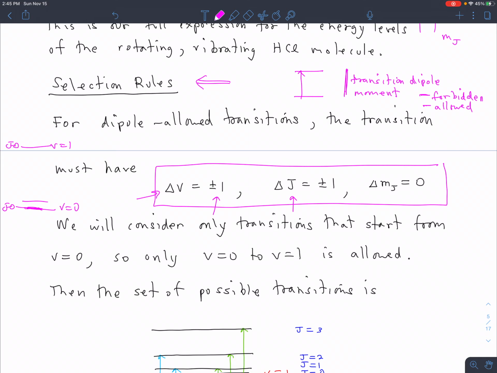J equals 0 up here is also the same as this level. J equals 1 is the next level up. J equals 1 is also the next level up in the excited vibrational manifold.